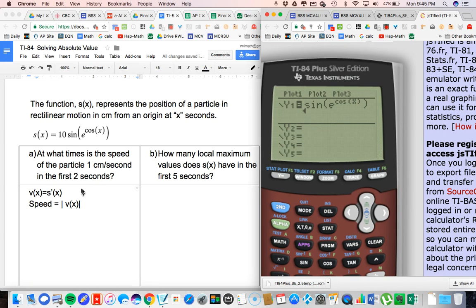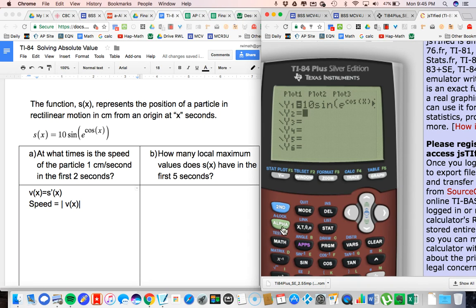Next, I need to get the absolute value of the velocity. So what I'm going to do in the next equation is I'm going to put in the velocity. So I'm going to go down to y2. Okay, so I'm now over here at y2. I want to do the velocity. Well, that's just the derivative. So with this, there's a really nice shortcut menu.